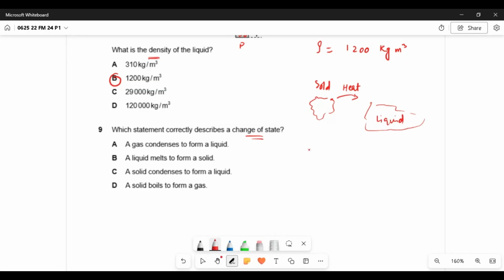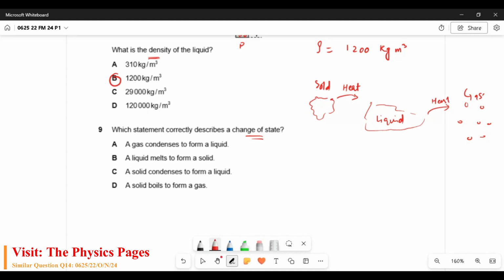We have liquid, after heating it, it converts into vapors, that is gaseous, or from gas to liquid by cooling it, this process is called condensation.